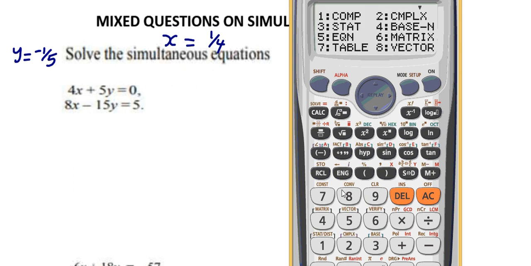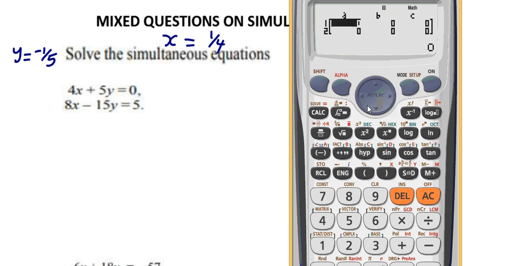Okay, mode, choose option 5, choose option 1 here. A, B, C in equation number 1. A in equation number 1 is 4. So write 4, hit equal to. B in equation number 1 is positive 5, so hit 5, equal to.